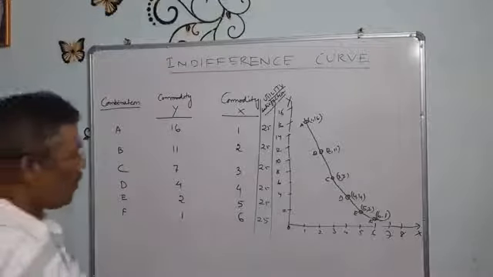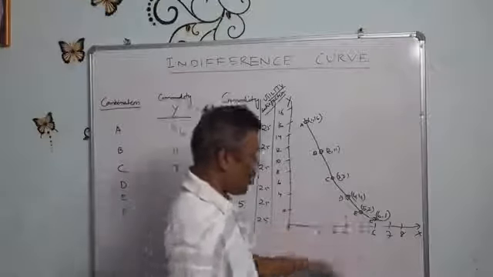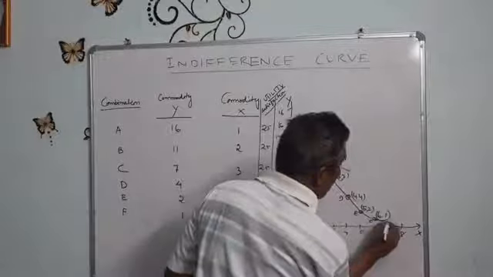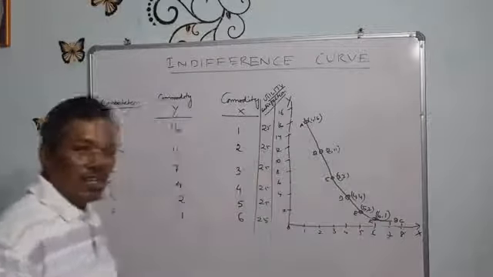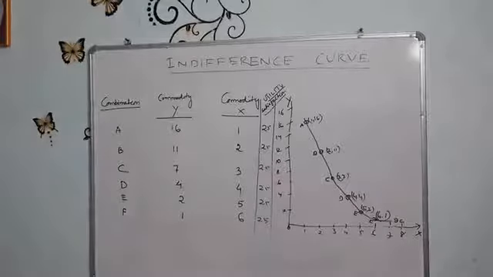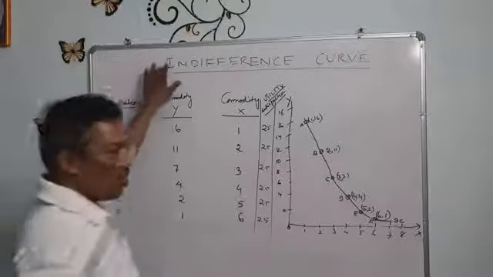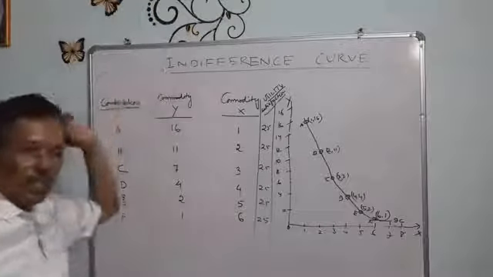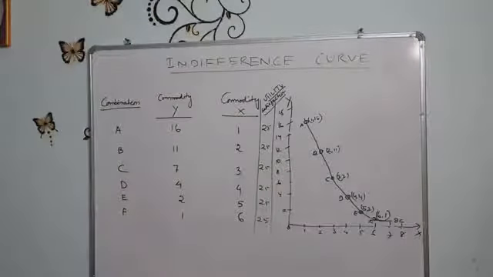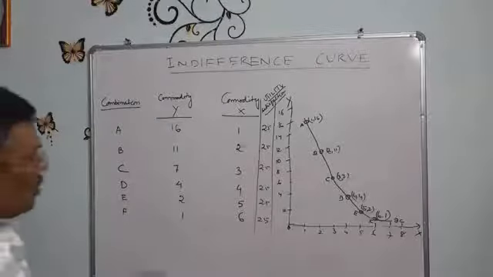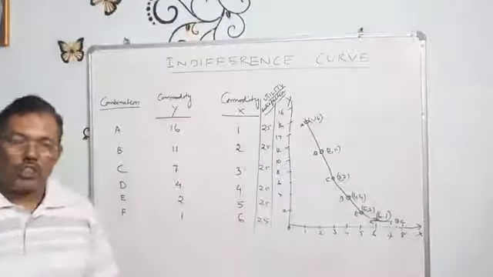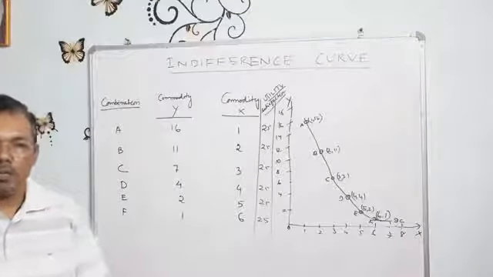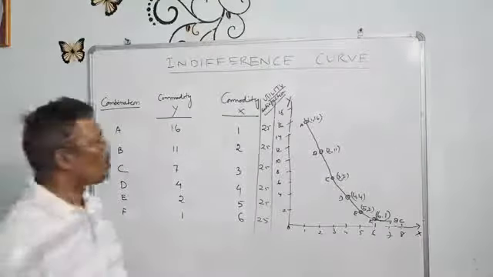So whenever we draw this line or this curve, it is known as the indifference curve. Simple. What is an indifference curve? An indifference curve is a curve which shows all the possible combinations of two goods.